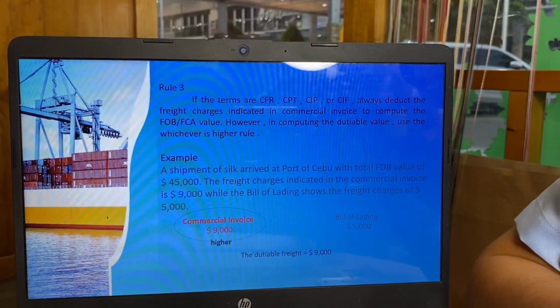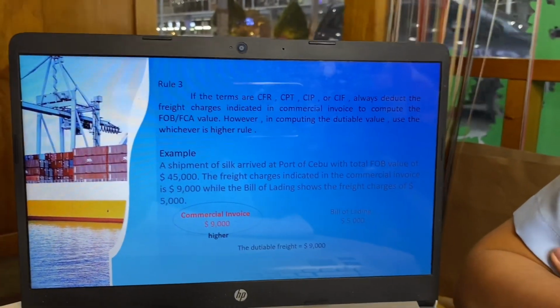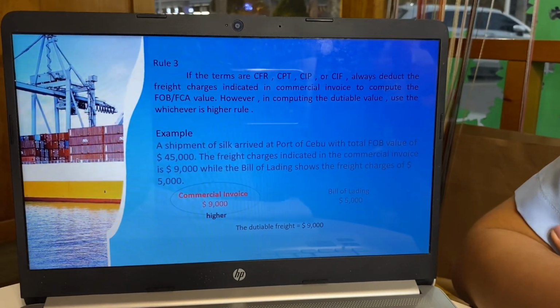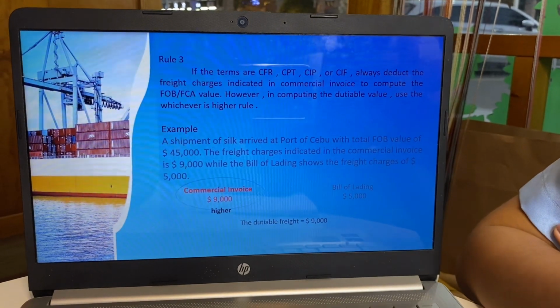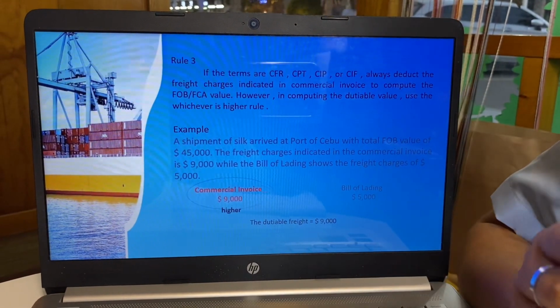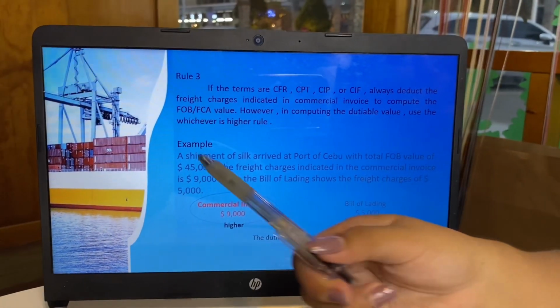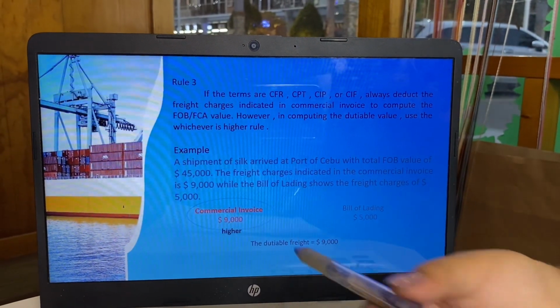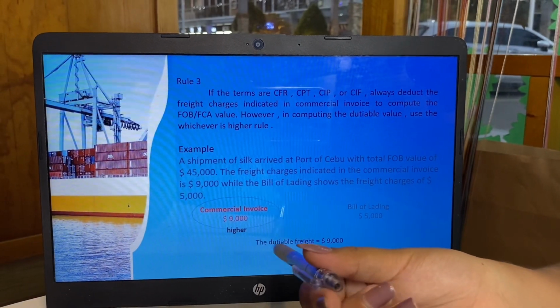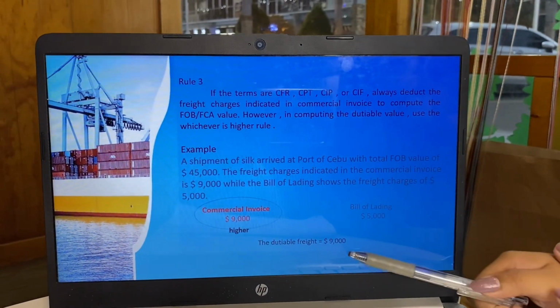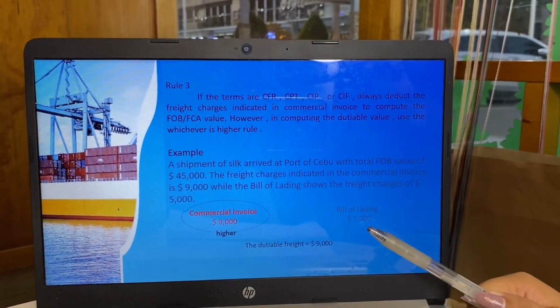So rule number 3 states we will always use the freight charges indicated in the commercial invoice, which in this problem is 9,000. So automatically, the dutiable freight in this equation would be 9,000.